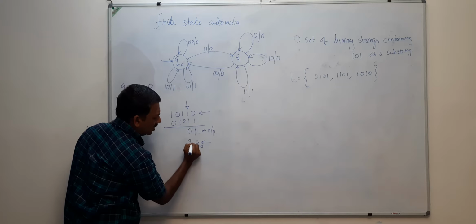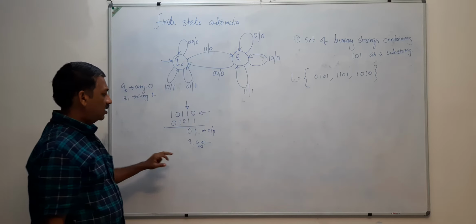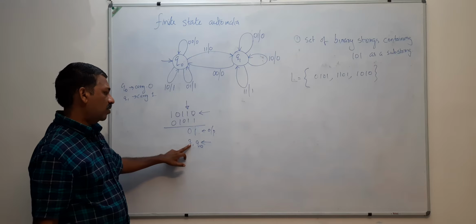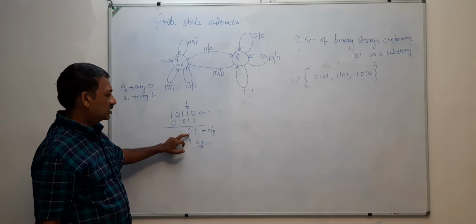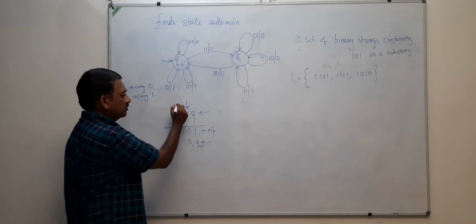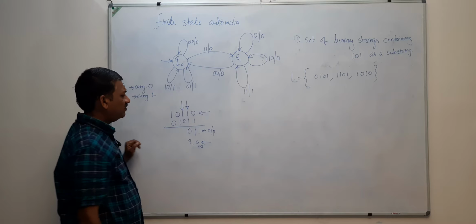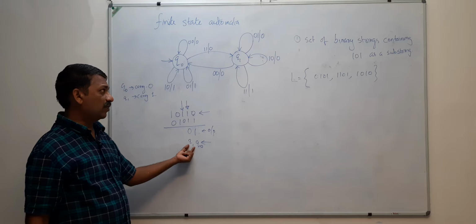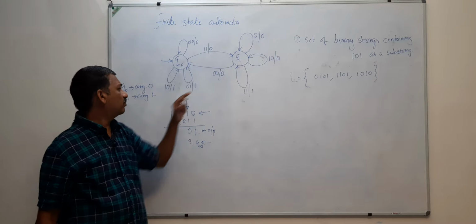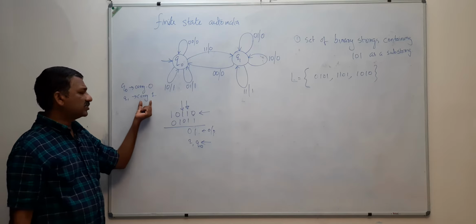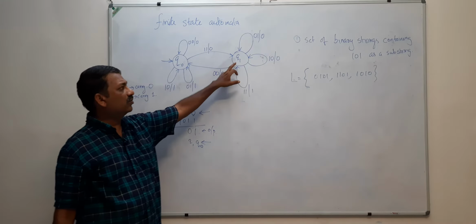Now the finite control has state q1 and the output is 0. Next it moves to the next input symbol, 1 0. But now the current state is q1, which means the carry is 1. That's why it is in state q1.